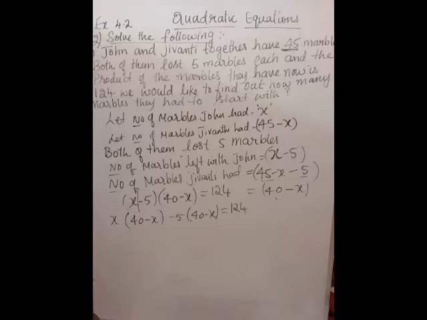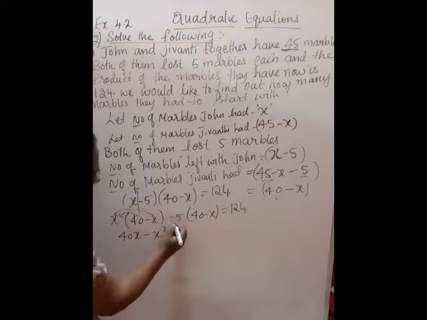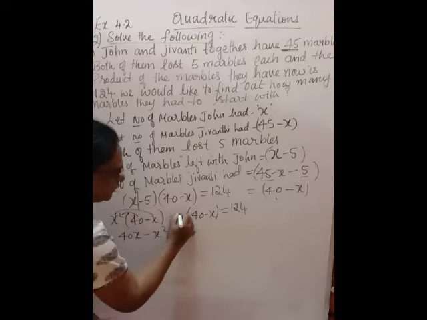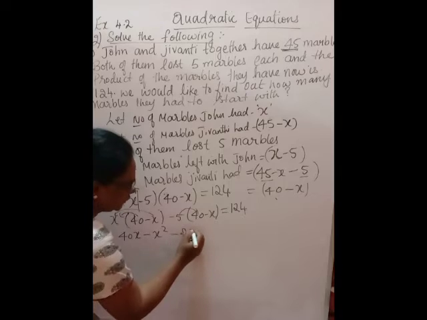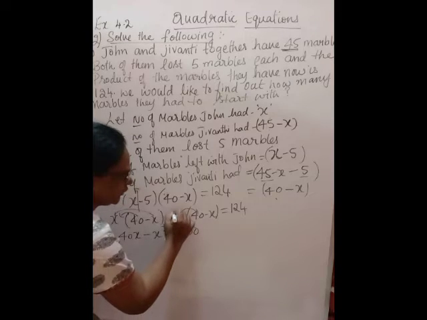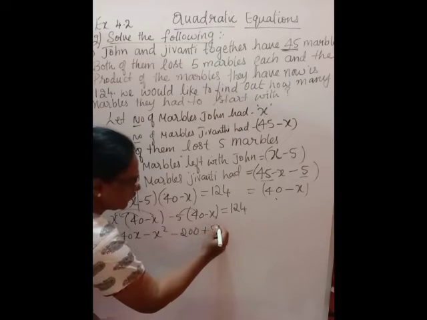Next, multiply this. 40 into x is 40x, minus x into x is x square. Now from the 5: 5 into 40 is 200, minus 5 into minus x is plus 5x.